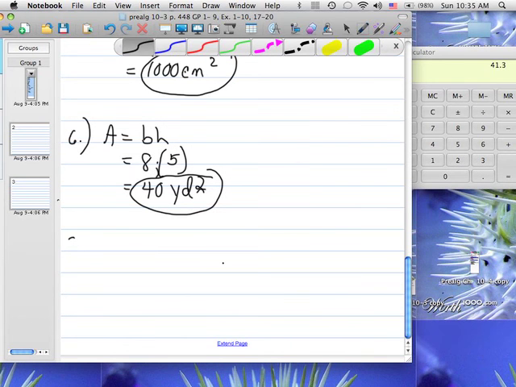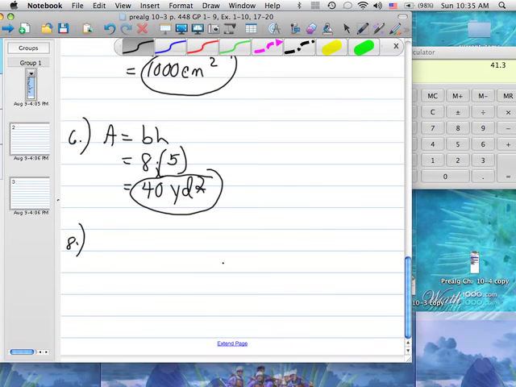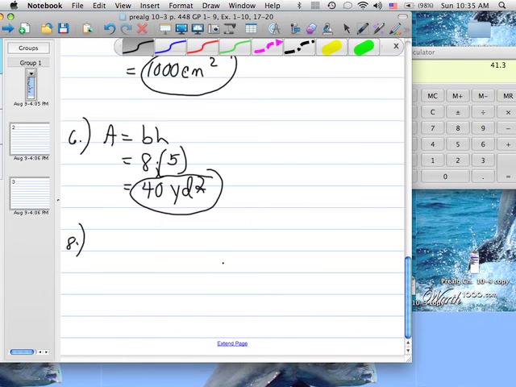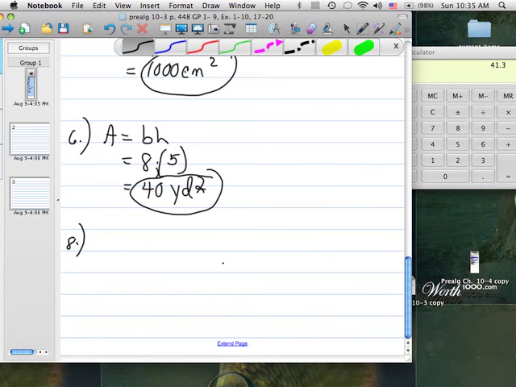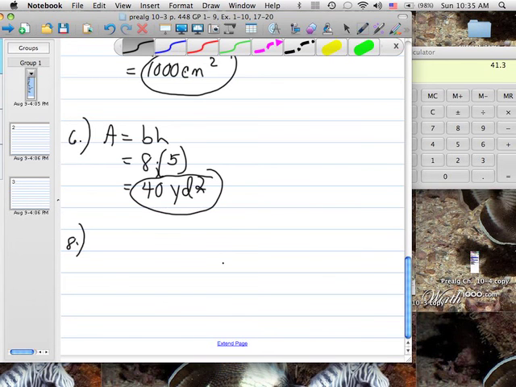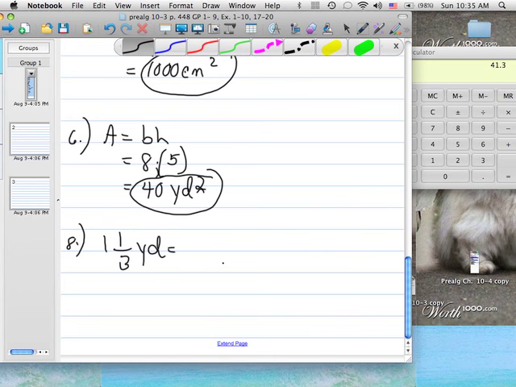Problem number 8. Find the area of a parallelogram with a height of 1 1/3 yards and a base of 2 1/2 feet. So again, we have different units, and we're going to have to convert them. So let's change yards into feet. So 1 1/3 yards would be 4 feet. 1 yard has 3 feet, and 1/3 would be 1 foot, so it's 4 feet.